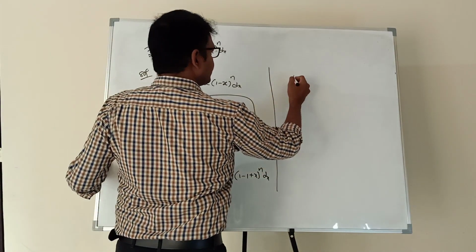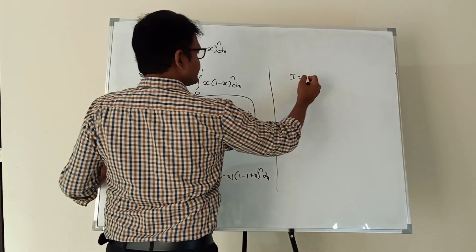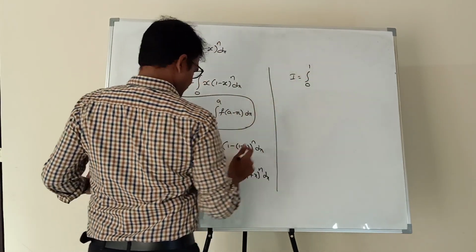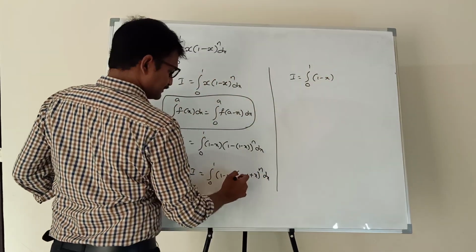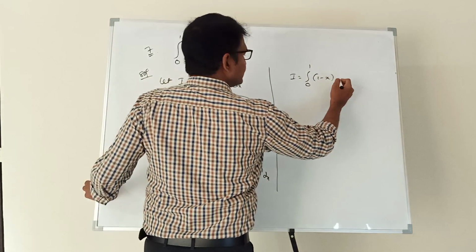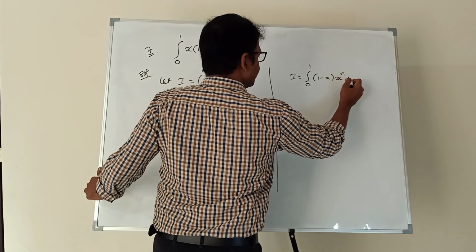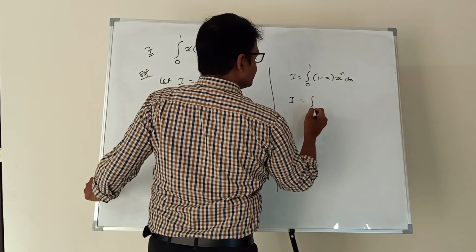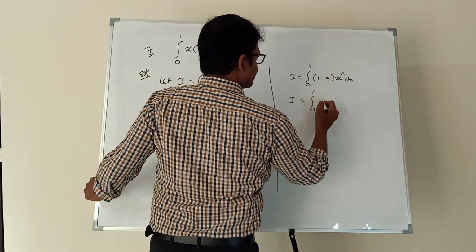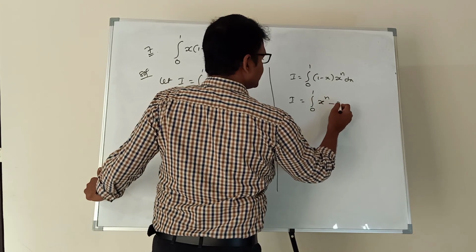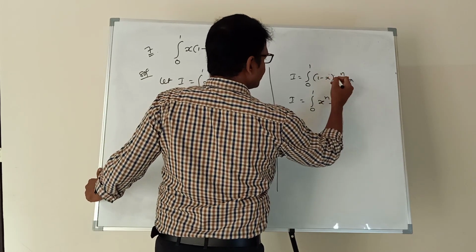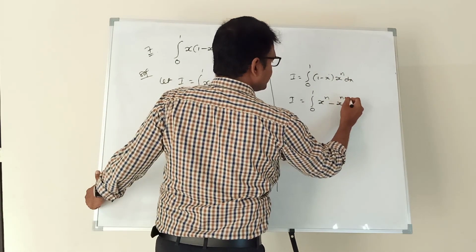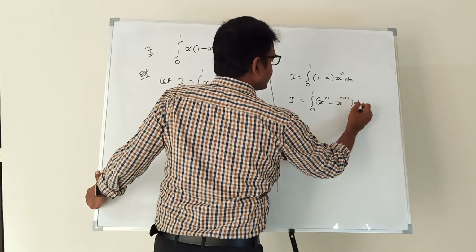So I is equal to integral from 0 to 1 of 1 minus x plus... 1 minus 1 gets cancelled, x power n dx. So I is equal to integral from 0 to 1 of x power n into 1 minus x, which is x power n minus x power n into x. Bases are equal, so what is the power here? 1. So x power n plus 1 dx.